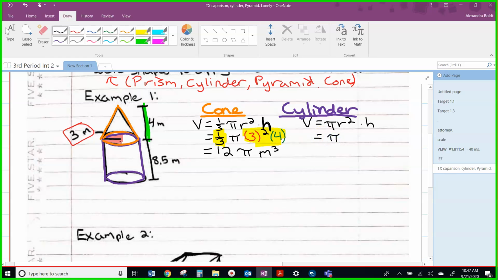So then we want to find our radius, and our radius is the same thing. It's still that 3 because these are sitting right on top of each other. And then our height for this one is different from our height above. This one has a height of 8.5.